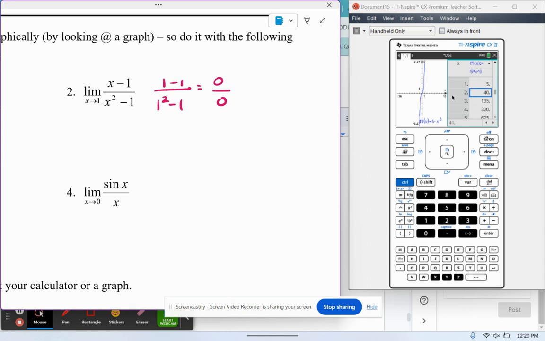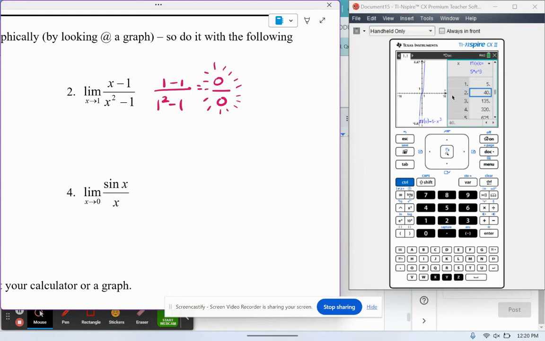Whenever you have 0 over 0 after direct substitution, this is called an indeterminate form. We're going to learn more about indeterminate forms after the IB exam, but basically you just have to know that you can't divide 0 by 0. Think about that for 1 second. Your brain is exploding, right?